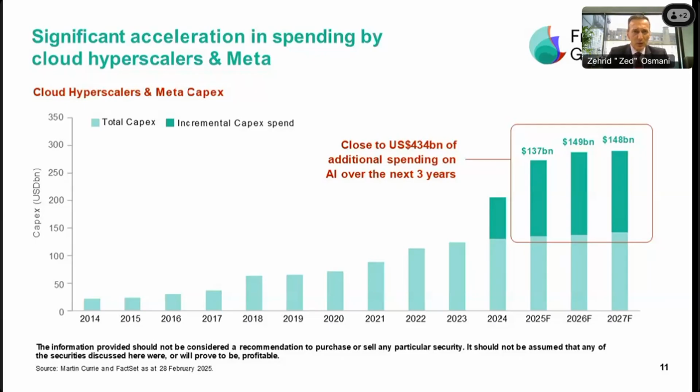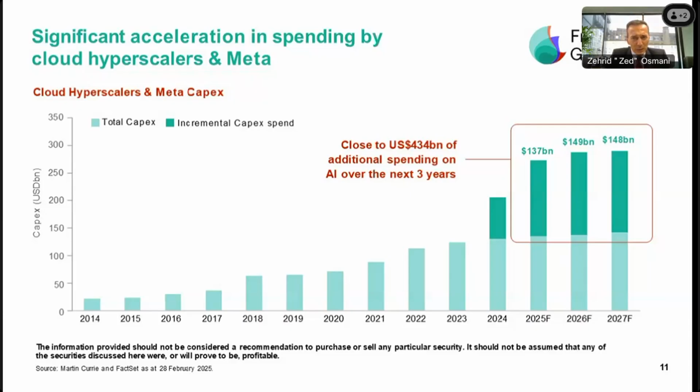So here we're zooming in on the cloud infrastructure. We've put the cloud hyperscalers and Meta capex combined. Here in light green is what they've been spending all the way to 2023. The dark green bar incrementally is what they have increased their capex to as the AI opportunity has materialized in the current year of 24.